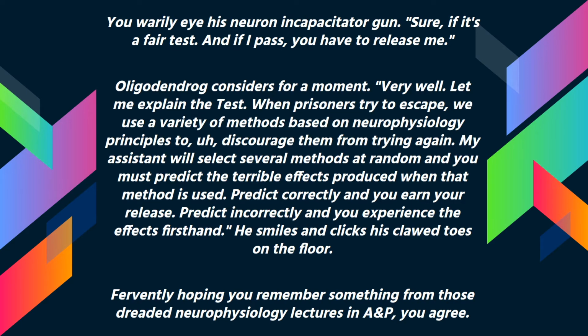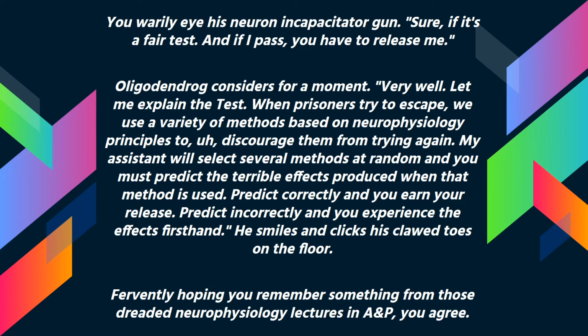You warily eye his neuron incapacitator gun. Sure, if it's a fair test, and if I pass, you have to release me. Oligodendrog considers for a moment. Very well, let me explain the test. When prisoners try to escape, we use a variety of methods based on neurophysiology principles to discourage them from trying again.